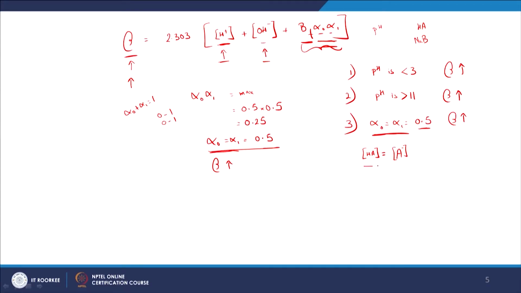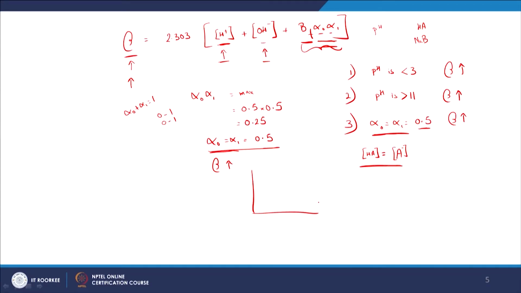When you have equal amounts of acid and base present, and you add any additional acid or base, the system can either consume the proton or release a proton to be able to resist the change in pH. For that you obviously need to have both the acid and the base, and that particular scenario will be relevant to having a higher buffer intensity, and that obviously is the case when the pH is equal to pKa. So, what is this about? When is alpha naught equal to alpha 1, or HA equal to A minus?